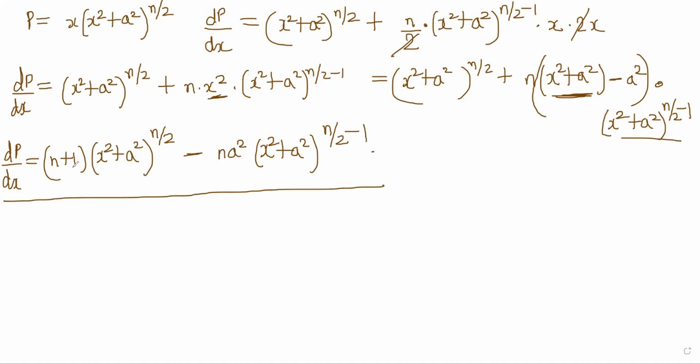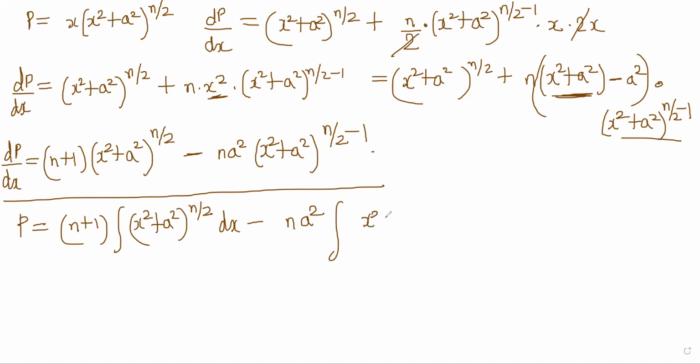Now we are almost done. We are ready to actually solve it. We'll say the integral of dp/dx will be p. P will be equal to (n + 1) times the integral of (x² + a²)^(n/2) dx minus na² times the integral of (x² + a²)^(n/2 − 1). And what was p?